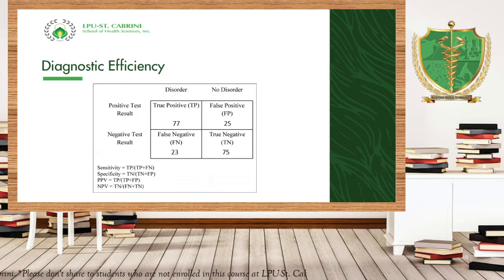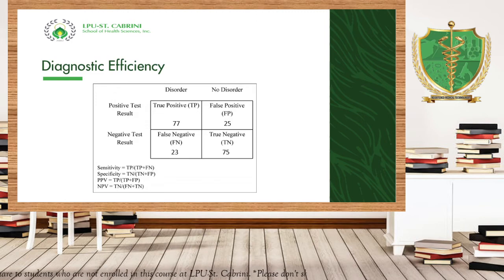Specificity is true negative divided by true negative plus false positive. And we have PPV as true positive divided by true positive plus false positive. And NPV is true negative divided by false negative plus true negative.